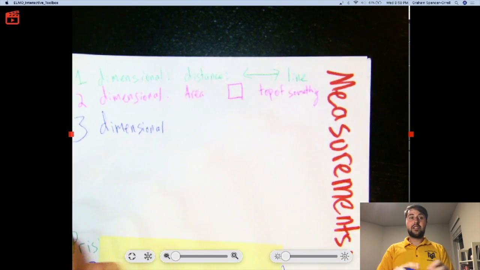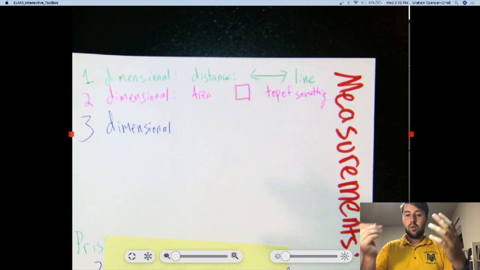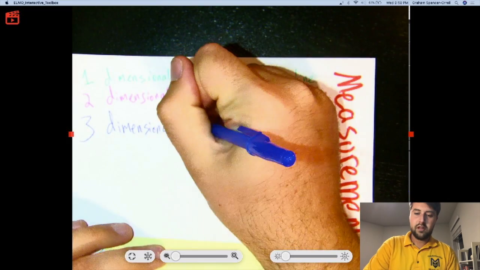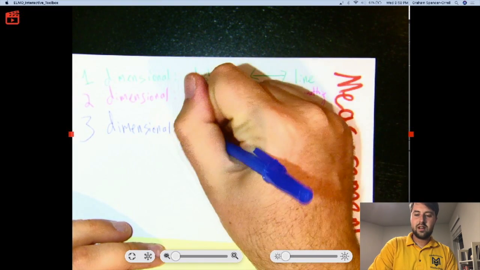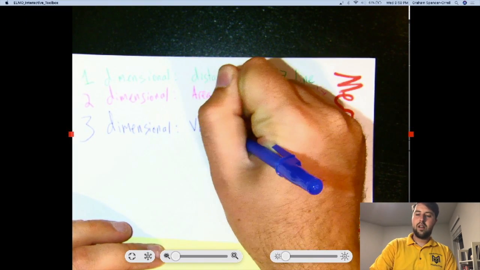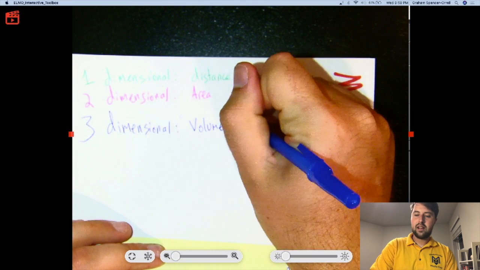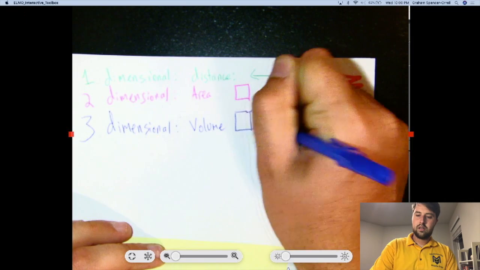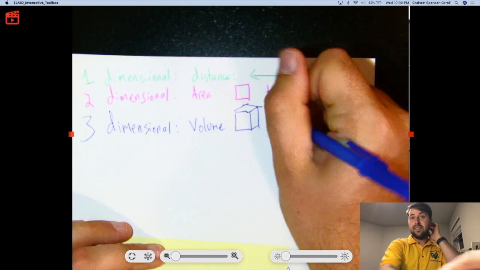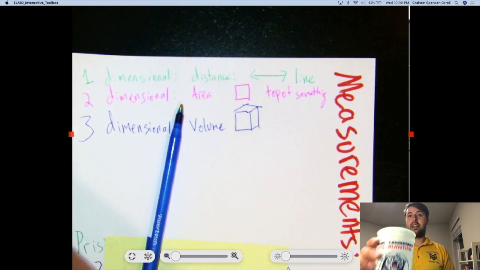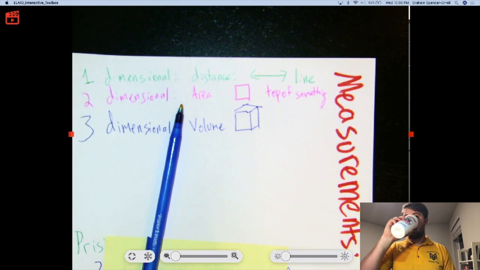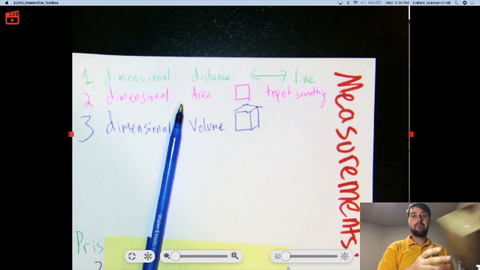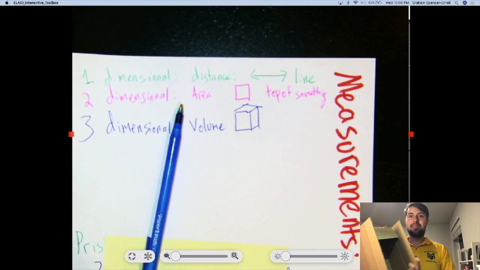And then three-dimensional, we get into what's called volume. You may have heard of this before, but we're going to start right there. Volume. So that's going to be the entire shape. Think of it as the amount of water in a cup, or the amount that you could put in a box.